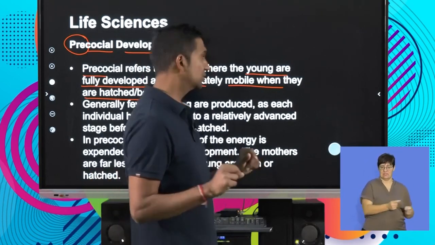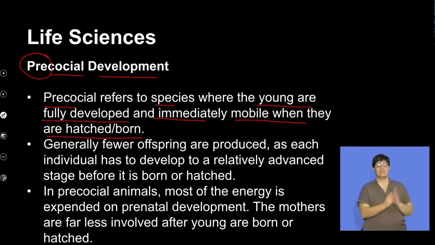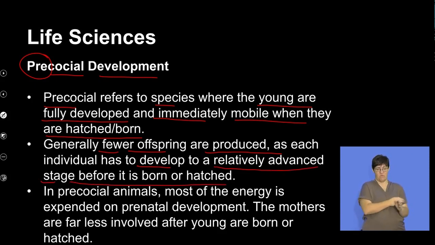This links to a lot of the development that happens internally or in the egg. Generally, fewer offspring are produced when we refer to precocial development, as individuals have to develop to relatively advanced stages before being born or hatched.